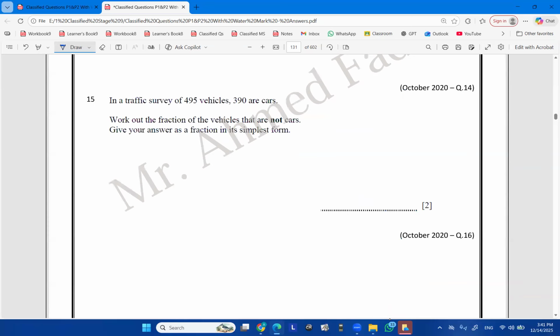In a traffic survey of 495 vehicles, 390 are cars. Work out the fraction of the vehicles that are not cars. Give your answer as a fraction in its simplest form.